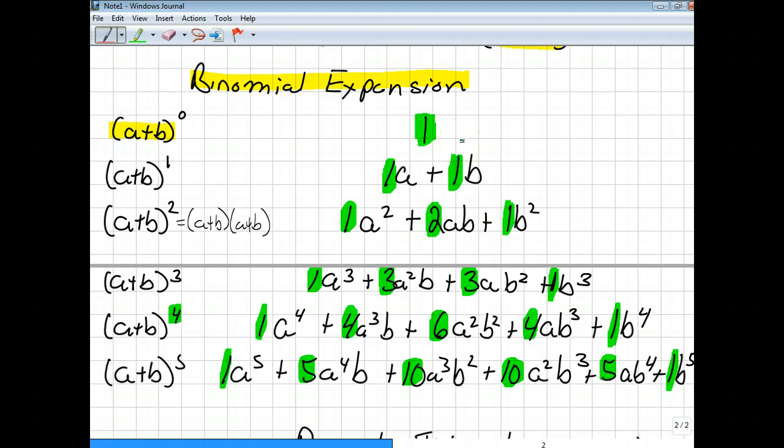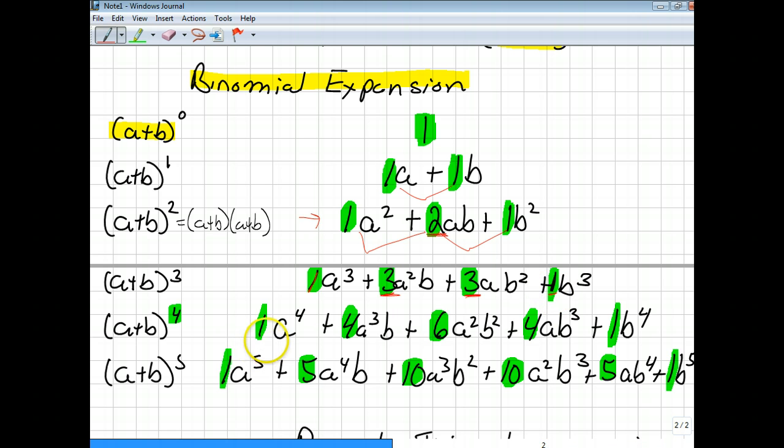And starting at row 3, if I take these two, add them together, it gives me this one. Row 3 starts with a 1, but then if I take this plus this, it gives me this 3. Then this plus this gives me this 3, and then it ends in a 1.